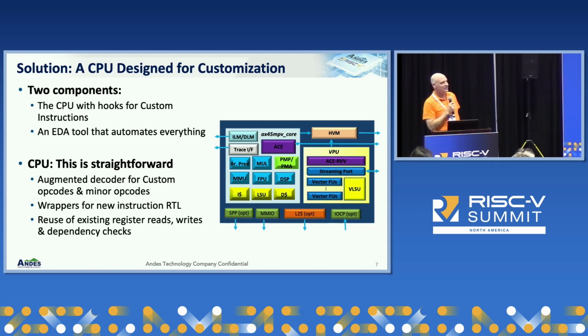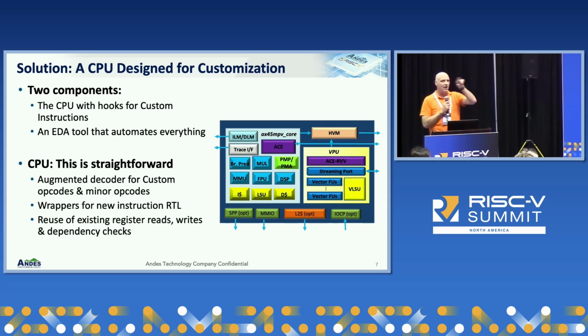So the CPU, there's a picture here. The purple parts are what we call at Andes the Automated Custom Extension, excuse me. And we can do that both for scalar instructions as well as vectors, so that's ACE and ACE-RVV. But those purple areas are what's covering your decoder for your custom instructions.